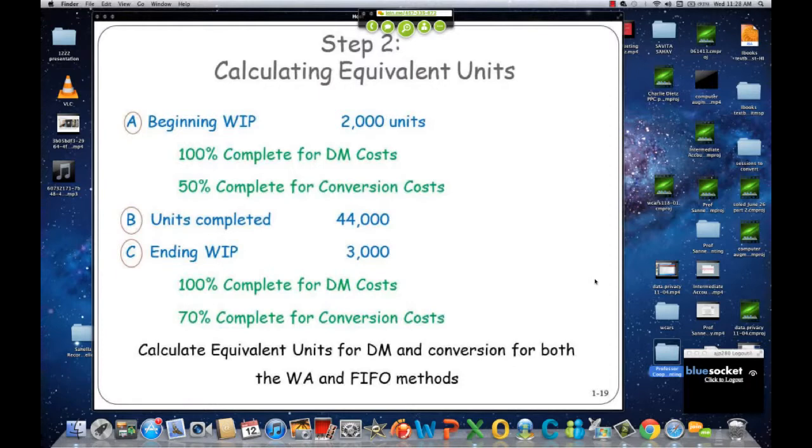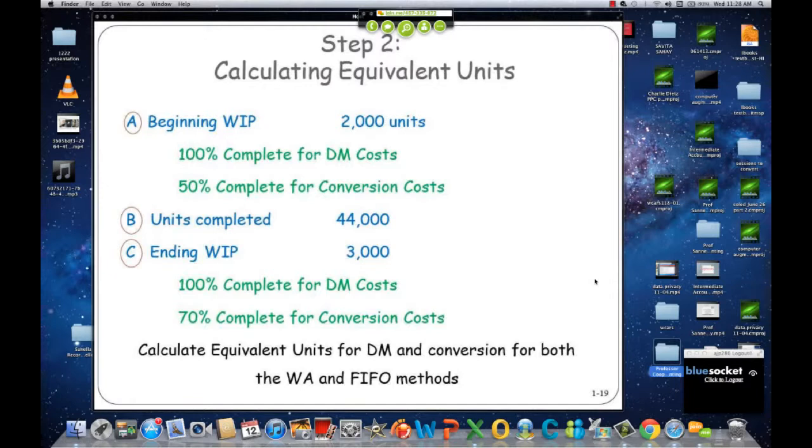Now we're trying to determine what happened to these units during February. Well, 2,000 units came over from January, right? They were the first ones to be finished. They were already finished for materials. They needed to be finished for conversion costs. That's 2,000. We know we completed 44,000 altogether, right?